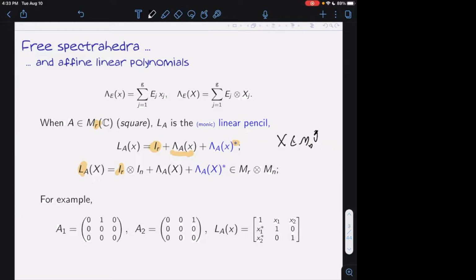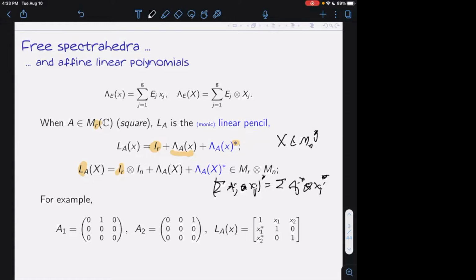And then Λ_A(X)* is just what you think. You just take the adjoint of A_j tensor X_j, and that's just going to give you the adjoints of the A_j tensor the adjoints of the X_j. So that's maybe just a simple ad hoc way to interpret that adjoint, the star.